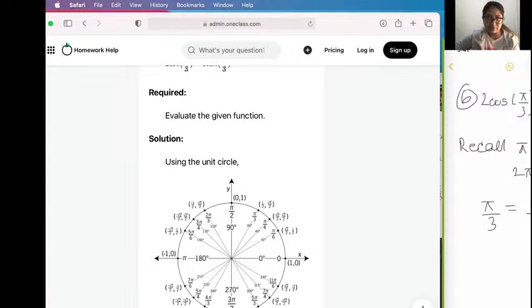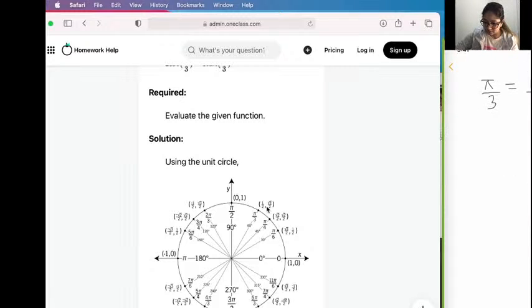And so if we look at our unit circle over here, we can see that the corresponding coordinates for 60 degrees are a half and square root 3 over 2. So for pi over 3 we can write this as a half and root 3 over 2.